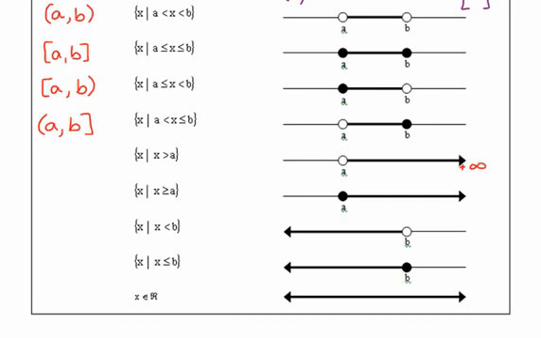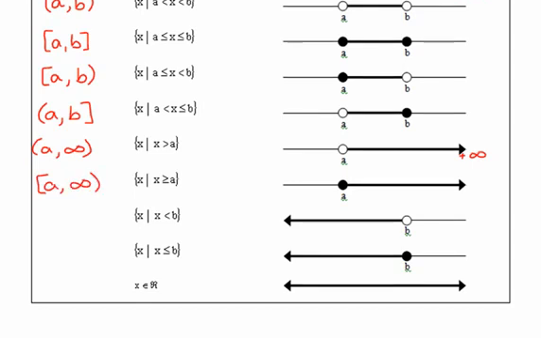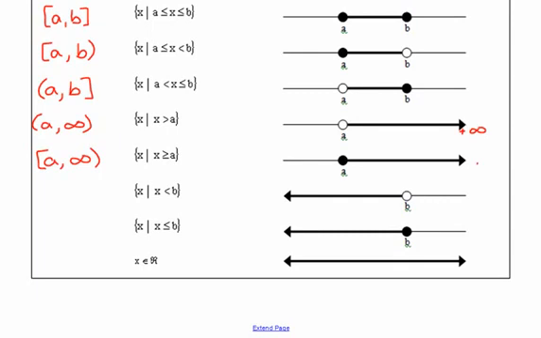We always use a round bracket for infinity. So we'd write this as a, comma, infinity, round bracket. You get to have fun writing the infinity symbol now. For the next one, it's equal to a, so a is a square bracket, comma, infinity. Again, for positive infinity we always use a round bracket.